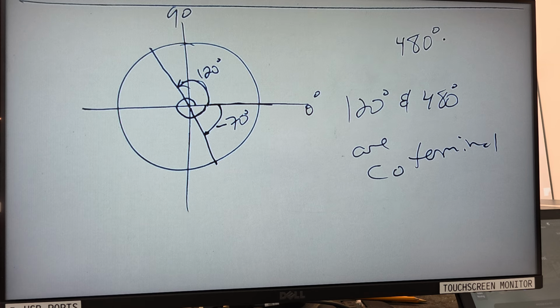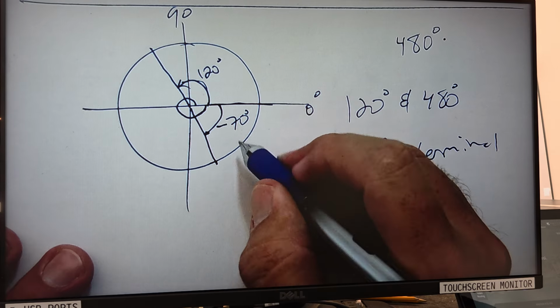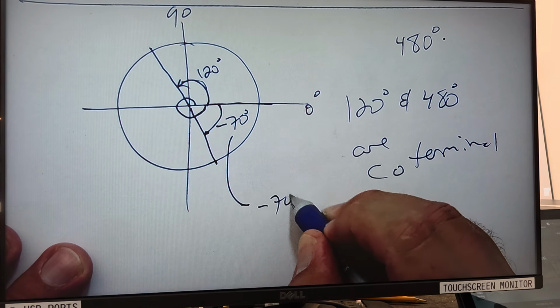What is a positive coterminal angle with negative 70 degrees? What angle is coterminal with negative 70 degrees, that is positive?